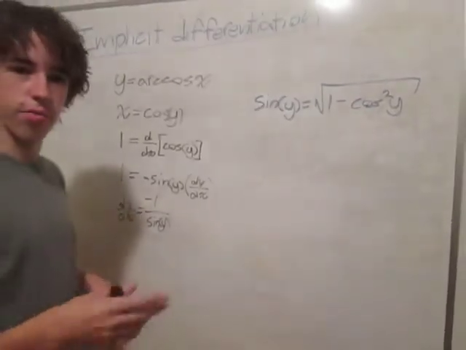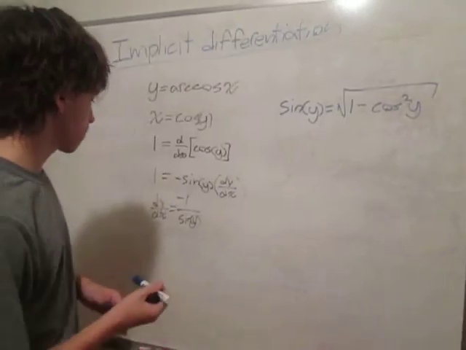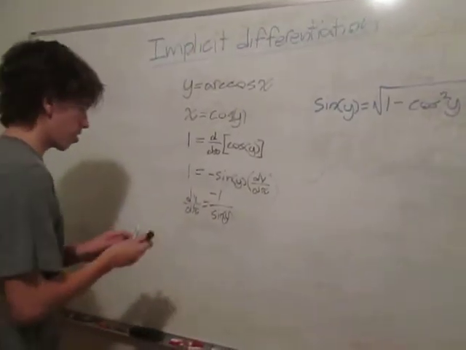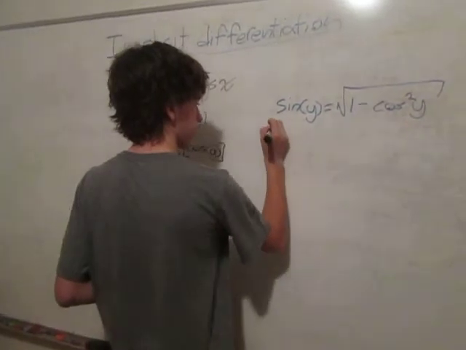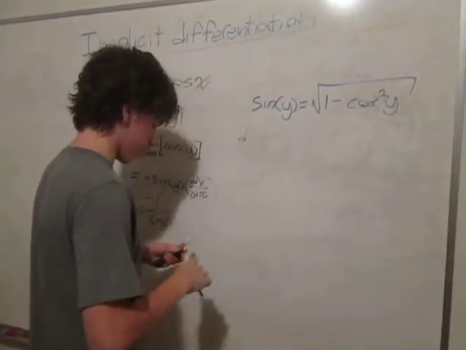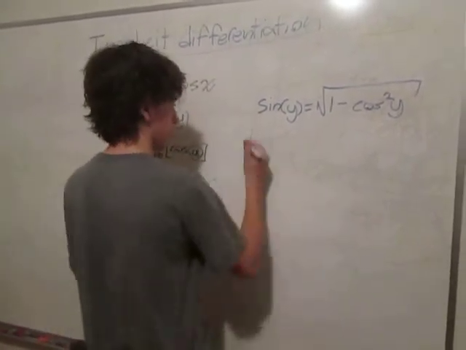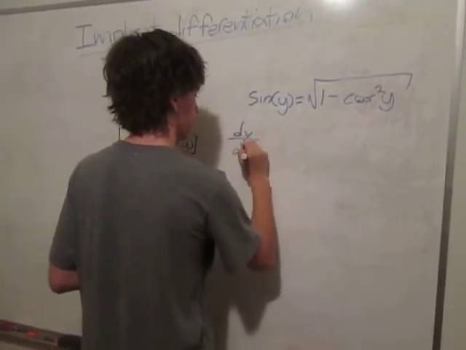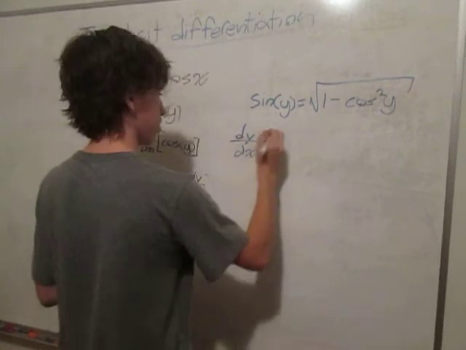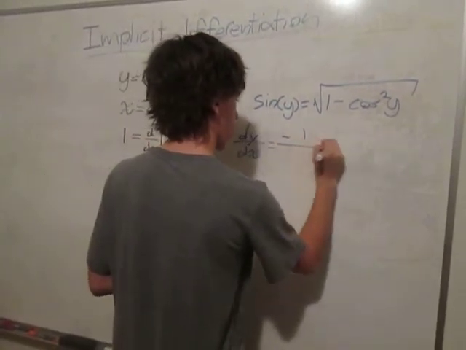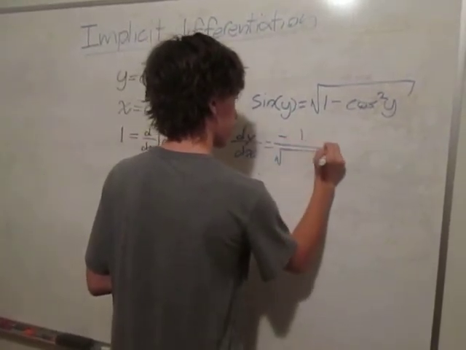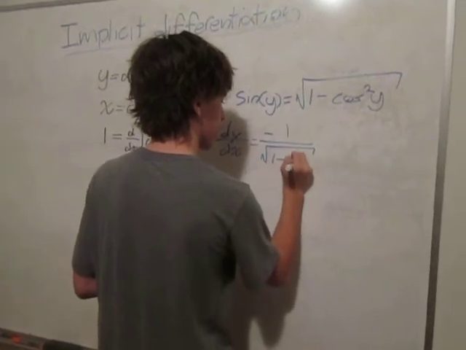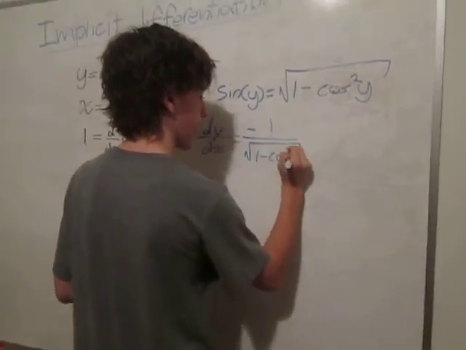I'll have more videos on that at a later time. So, our derivative of y with respect to x, this marker is running out, I'm going to use another one, is equal to negative 1 over the square root of 1 minus the cosine squared of y.